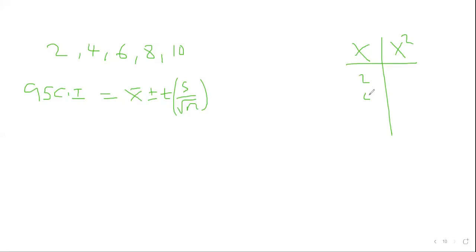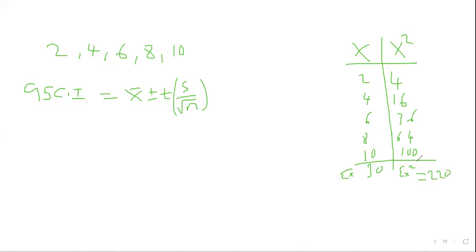So 2, 4, 6, 8, 10. Square these: 4, 16, 36, 64, and 100. Total here will be 30, summation of x. Total here will be 220, summation of x squared.